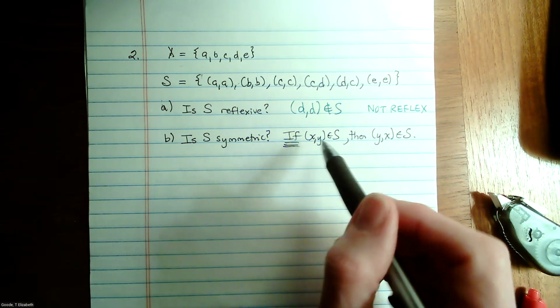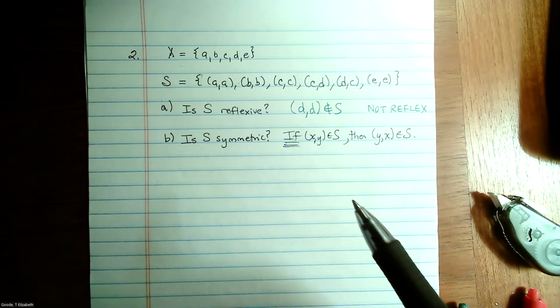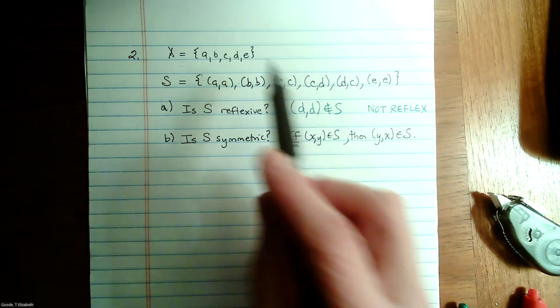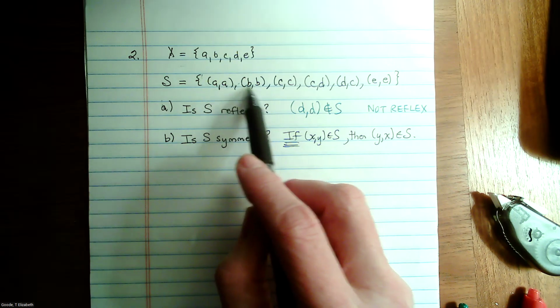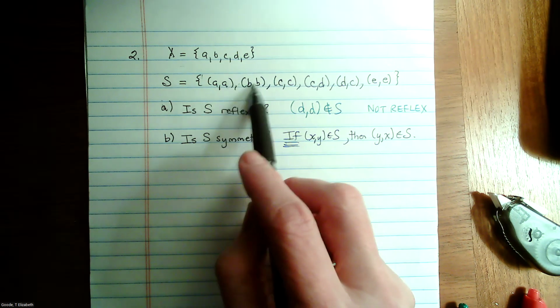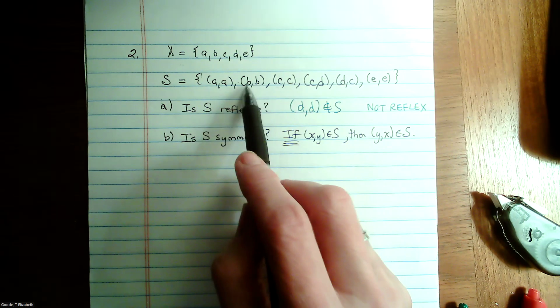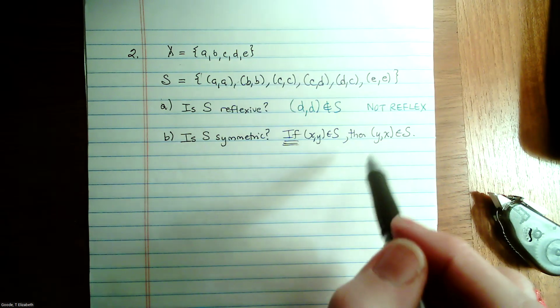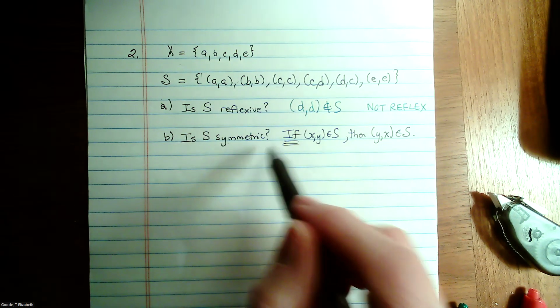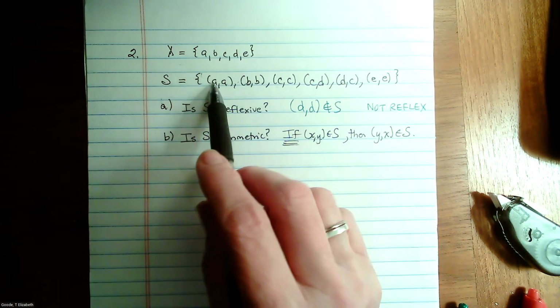It says if you do have it, then you have to have the symmetric twin yx. So let's look and see what we've got. AA is in there. These pairs that are the reflexive pairs, where the first and second coordinates are equal, are never going to make symmetry fail, because if X is equal to Y, then we've already got YX in there.